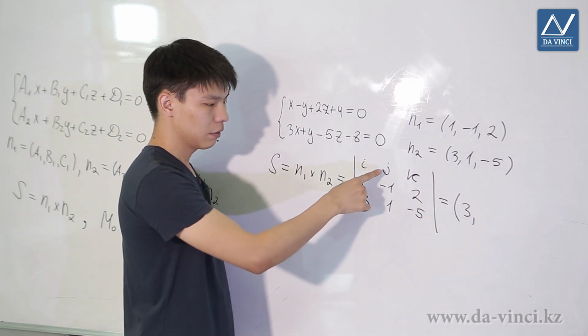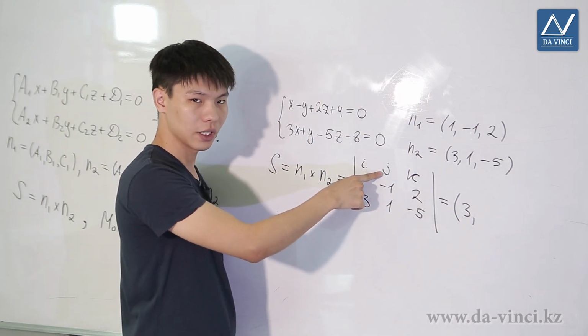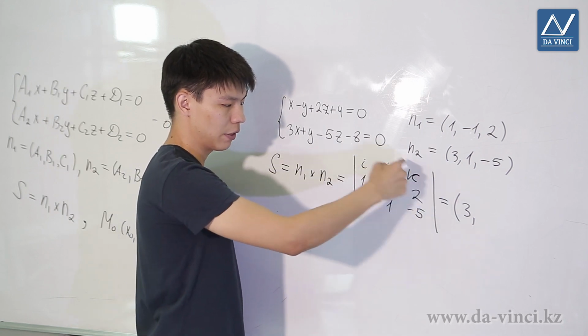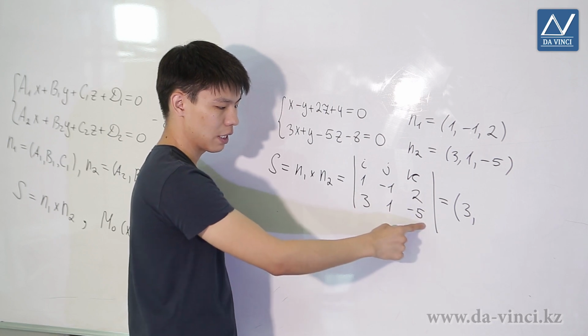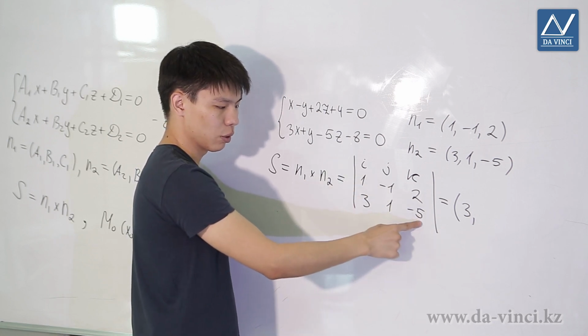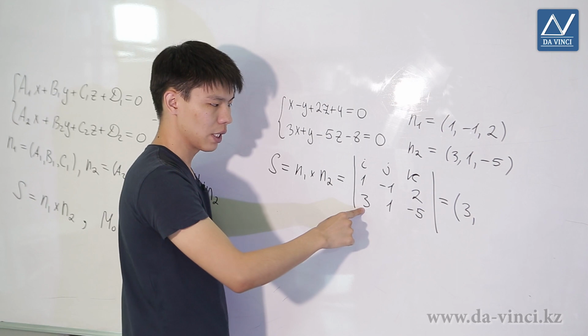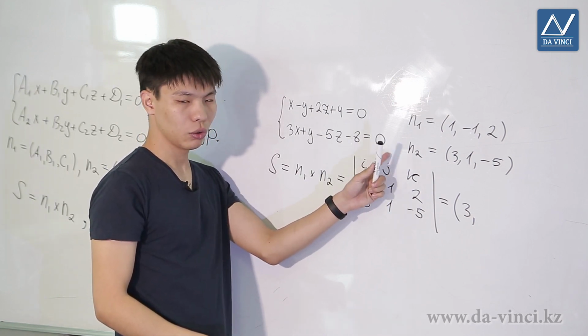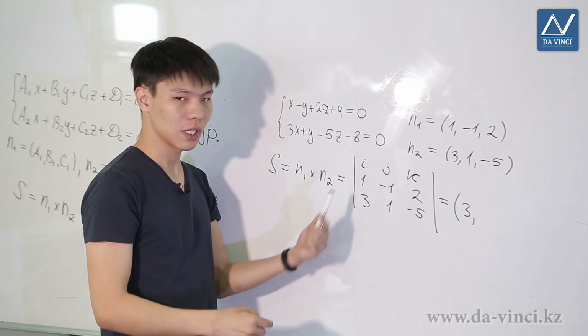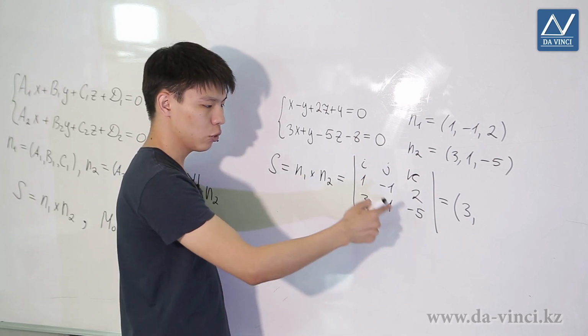Then we find the y-coordinate. That is, we find the algebraic complement to j. We cross out the first line, the second column. This determinant remains: 1, 3, minus 5. Calculated, it is minus 5, minus 6, minus 11. But we take into account that this is the first row and the second column, that is 1 plus 2, is equal to 3, and minus 1 to the power of 3 is minus 1.